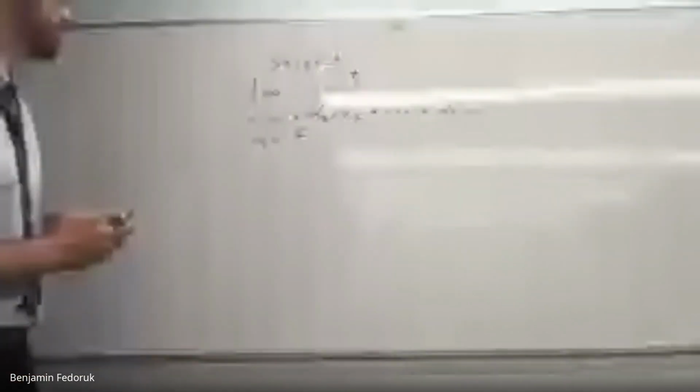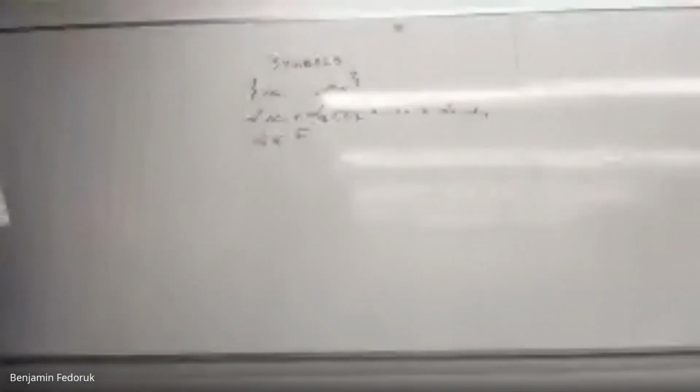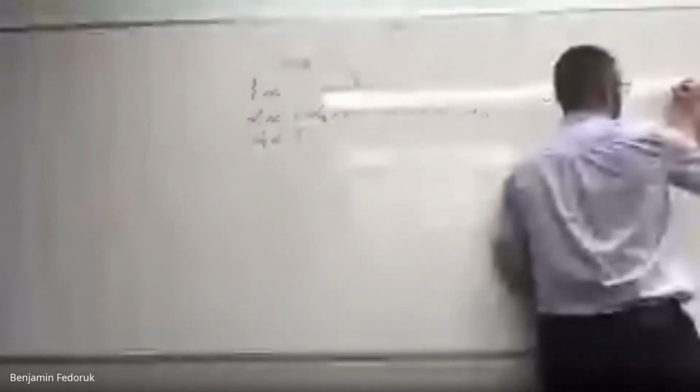So that brings us to the next concept I want to talk about, which is span. What does it mean for me to say that I have vectors v1, v2, and v3? What would the span of those vectors be, in words?